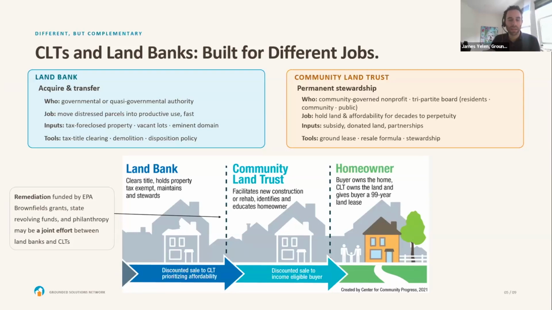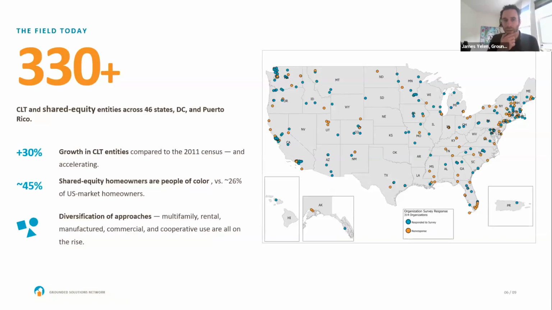So I think that flow chart on the bottom does a good job of illustrating the way that they work, sometimes in a linear way from early acquisition, cleanup, preparation for development, all the way through stewardship and sale to homeowners or businesses or other users of that land. That comes from the Center for Community Progress, which is another great organization doing work in this space. Happy to talk more about this difference sometime if anyone's interested. We have some resources we've developed with Center for Community Progress, but I know we're short on time, so I'll just continue to give a little more background.